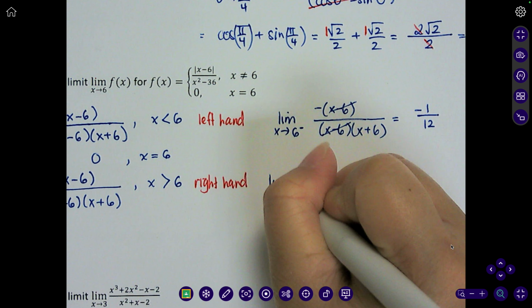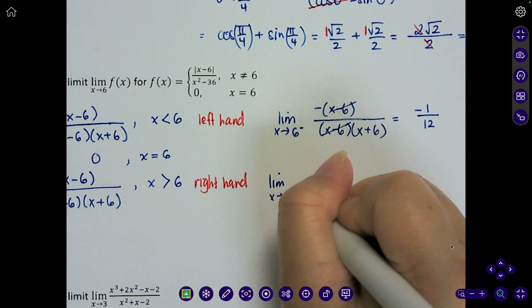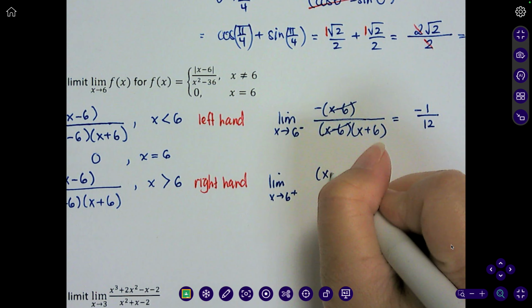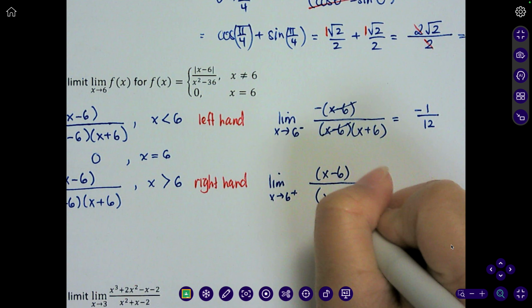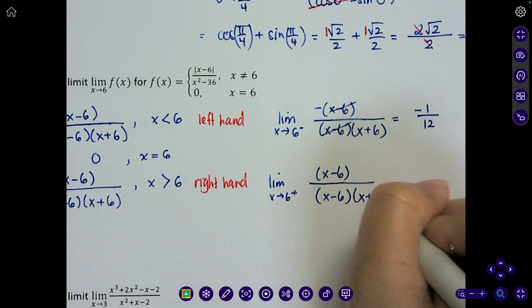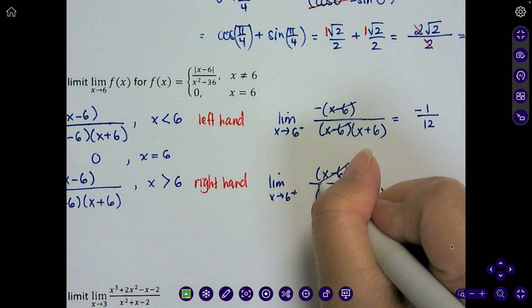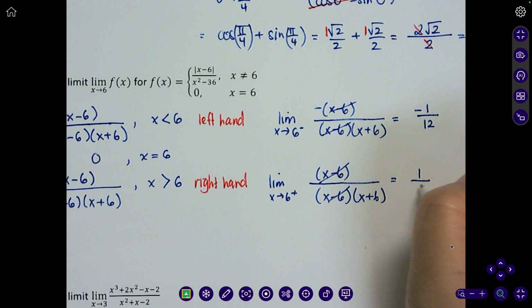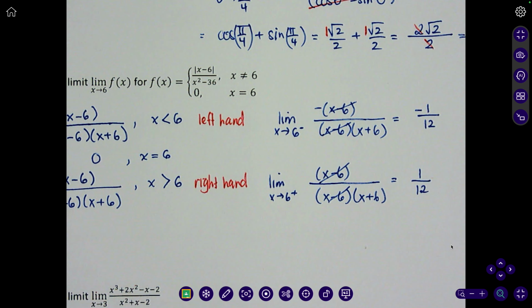Now we're going to take a look at the one on the right. So this is going to be x minus 6 over x minus 6, x plus 6. So this will cancel out. And what I'm getting back here is 1 over 12. Now the problem that we have is the left limit and the right limit do not agree.